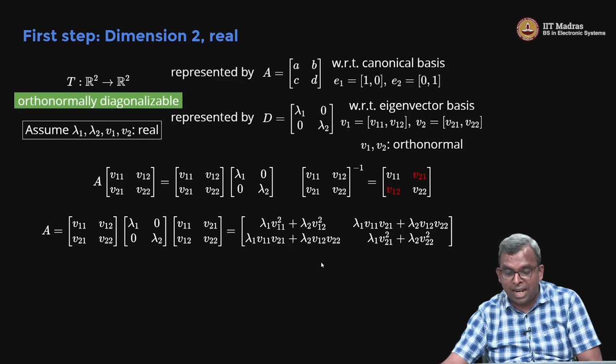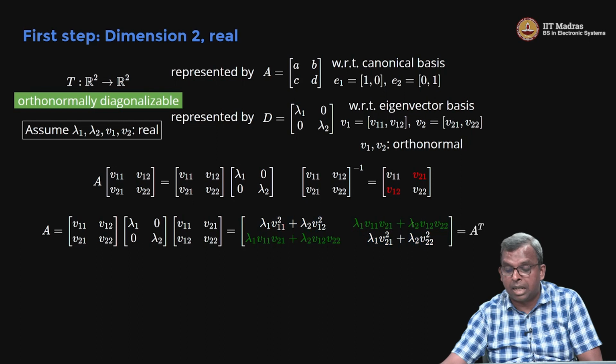Now, if you stare at this very closely, you notice that these two are actually the same, right. So, these two entries are the same. This lambda 1 V11 V21 plus lambda 2 V12 V22 appears in the 1, 2 position and in the 2, 1 position. So, this A becomes the same as A transpose.